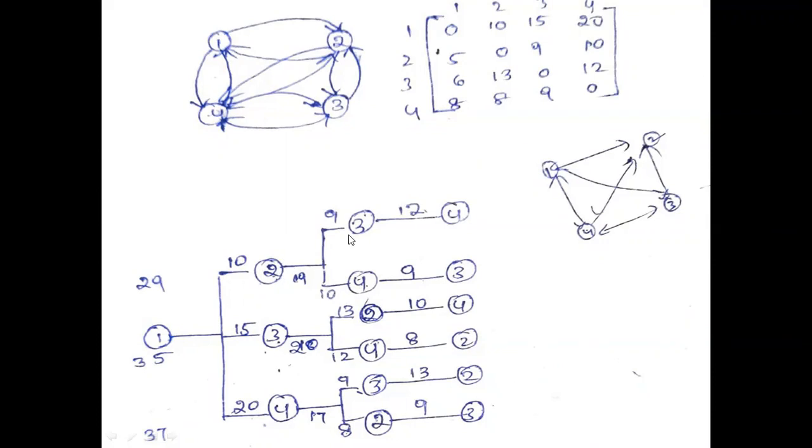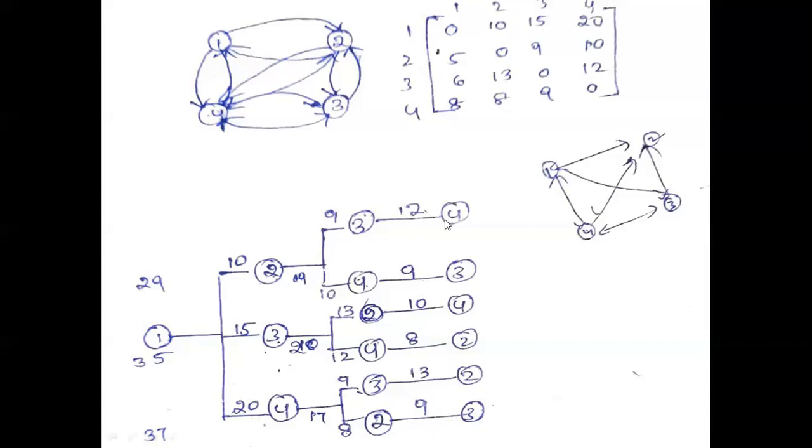Suppose you reach the third vertex, then from third to fourth or fourth to third. So you are finding all possible solutions, totally 6 possible decision sequences. Dynamic programming means you must consider all decision sequences.